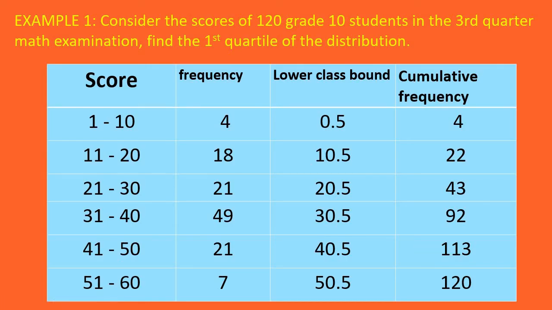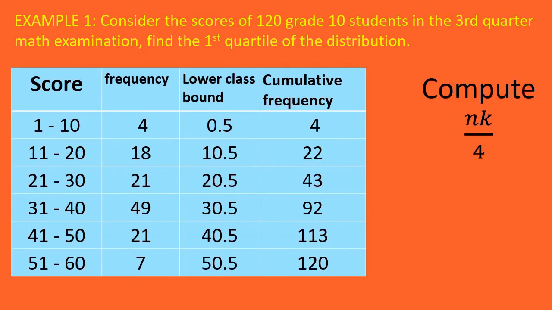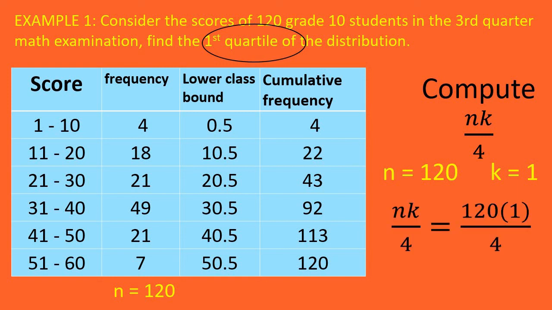So let's have the same problem, but this time we will be computing for the first quartile of the distribution. Again, you have to complete that 4-column table. And then for quartile, we will be computing for NK over 4. And since N is equal to 120, this time K is equal to 1 because we are asked to find the first quartile of the given distribution. By substitution, that will be 120 times 1 all over 4, and that is equal to 30.